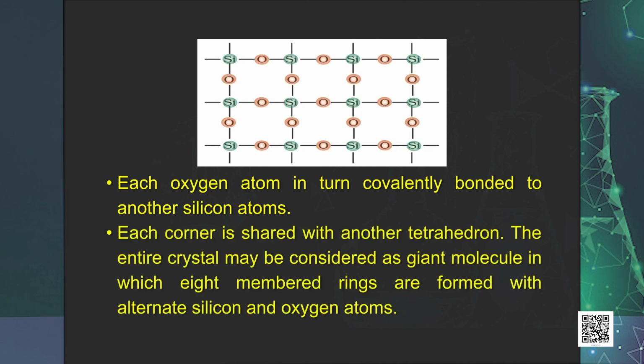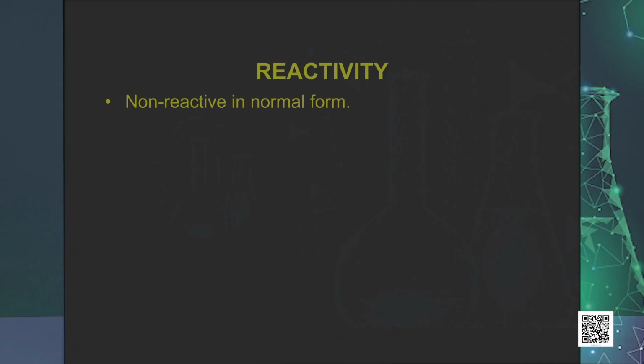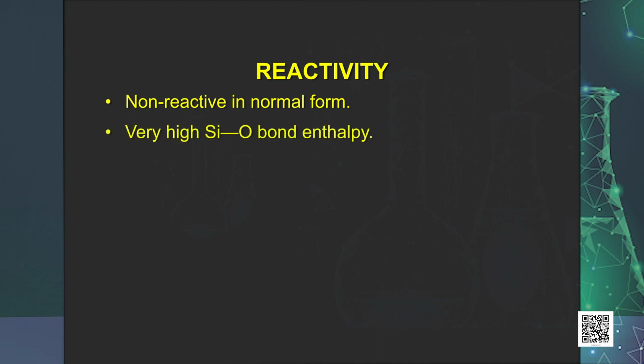Each corner is shared with another tetrahedron. The entire crystal may be considered as a giant molecule in which 8-membered rings are formed with alternate silicon and oxygen atoms. Silica in its normal form is almost non-reactive because of very high Si-O bond enthalpy.